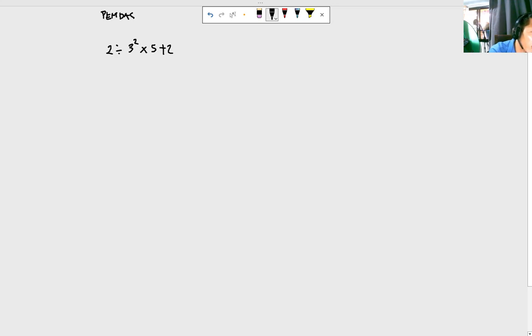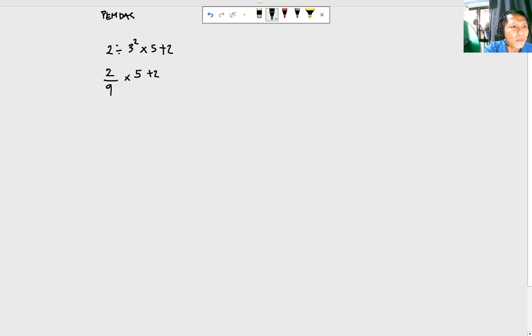So it will not divide 2 by 3, but raise 3 to the square first, as if you're saying 2 divided by 9. Then next to it, you multiply it by 5, so 2 over 9 times 5, and then plus 2. It will just execute from left to right.